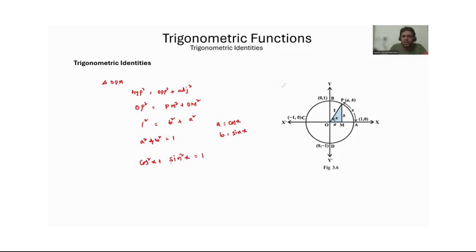Or if we need any one value, say if we need sin square x, we can send cos square x to the other side. That's 1 minus cos square x. Similarly, if we need cos square x, we can say the other value, that is 1 minus sin square x. So the first trigonometric identity is cos square x plus sin square x equal to 1, or sin square x plus cos square x equal to 1. So that's the first identity.